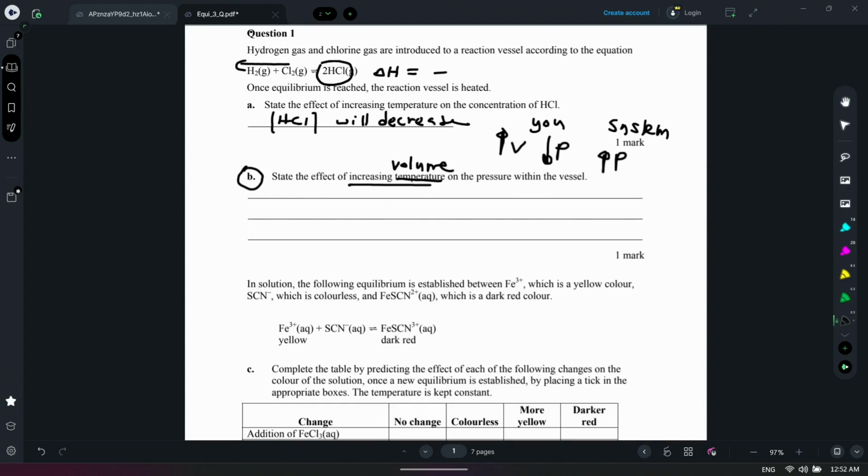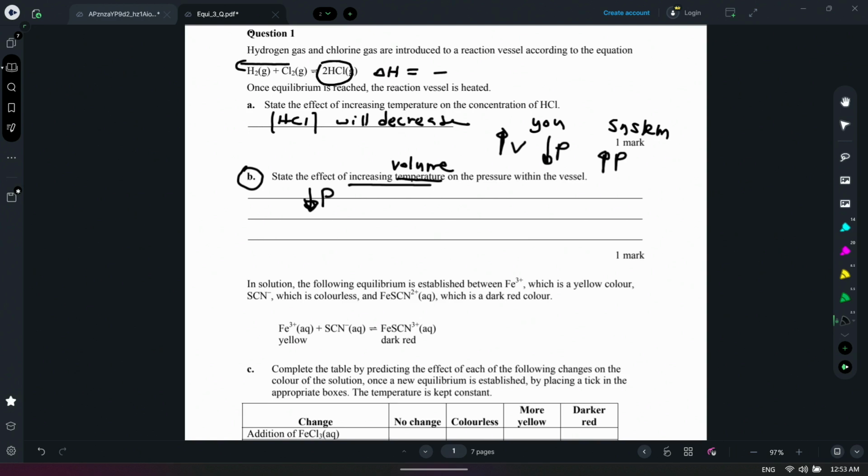Therefore, what do you have to say here? You increase the volume, pressure will decrease, but there is no shift in equilibrium. So the pressure will decrease, and the system is not going to partially oppose the change.